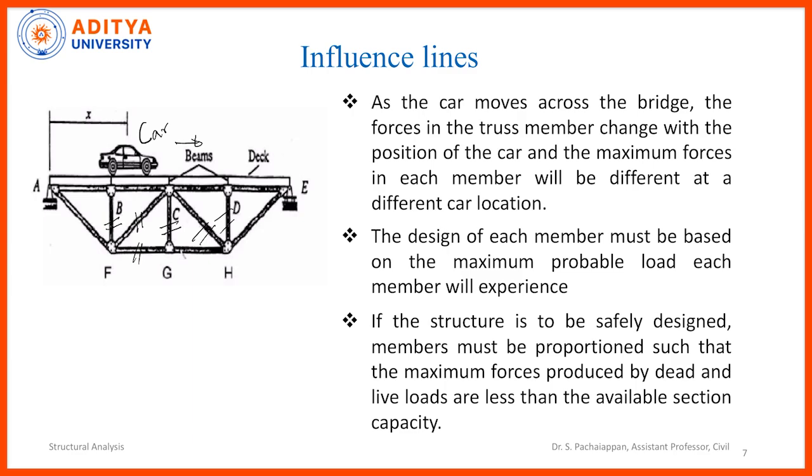If the structure is to be safely designed, the member must be proportioned such that the maximum forces produced by the dead and live loads are less than the available section capacity. So the section capacity, when we are deciding the material property, the E value, should be based on the maximum probable load of the structure.